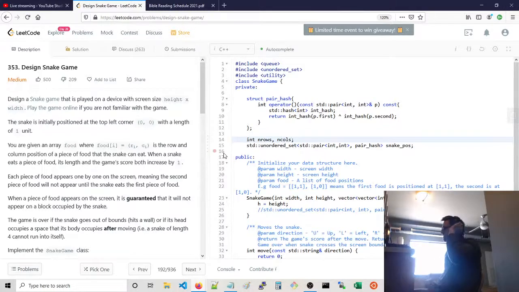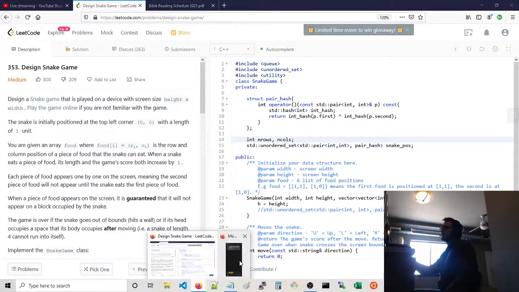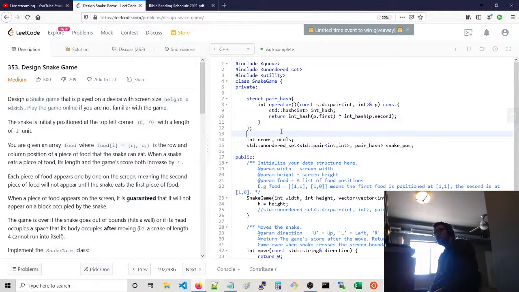It's a little bit easier to think about. The number of rows is the height and the number of columns is the width. And if you multiply the number of columns times the first value and then add the second value, that gives you the row-column pair.